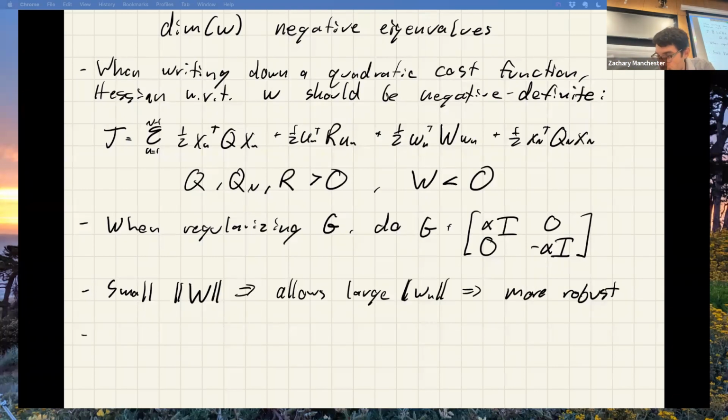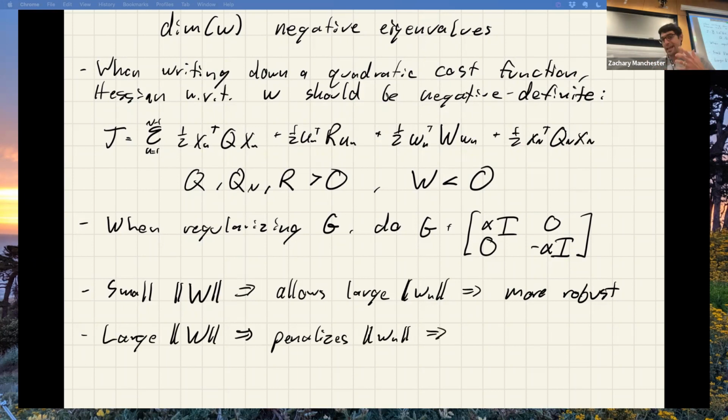So conversely, a large big W means it penalizes the w_k more, and you would ultimately get fewer disturbances in the answer, and you would end up with a less robust policy, right?